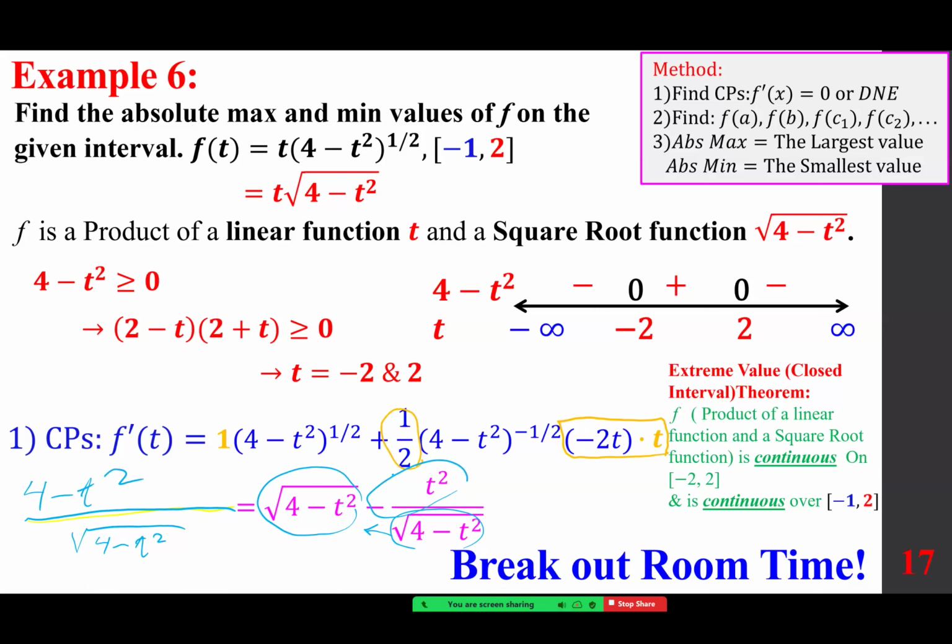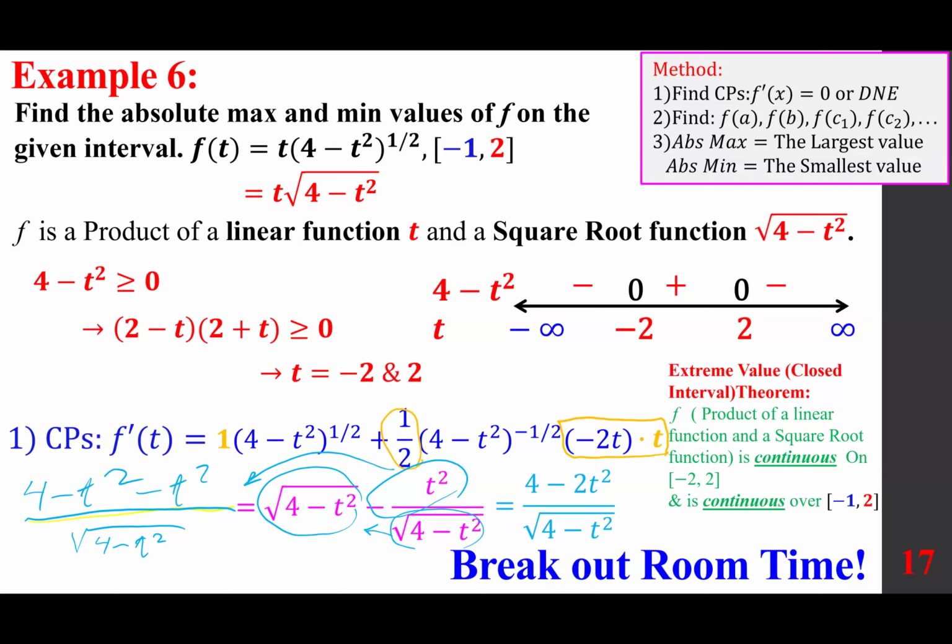And then I have this part, minus t squared. And then I end up with 4 minus 2t squared over the square root of 4 minus t squared. All I did, we just got f prime of t.